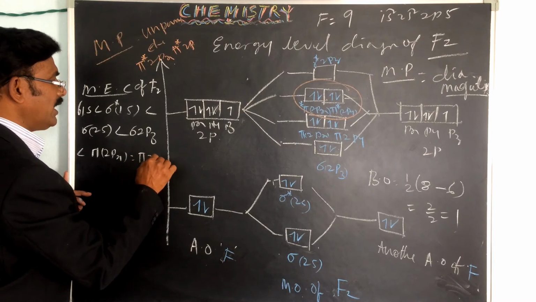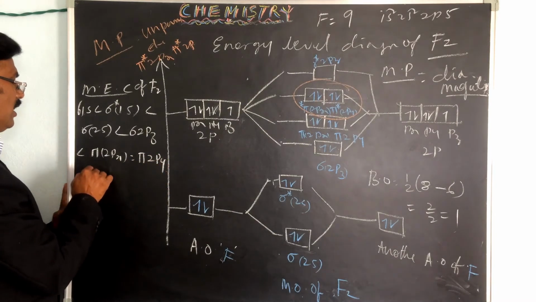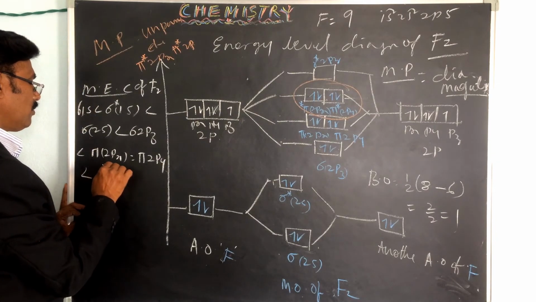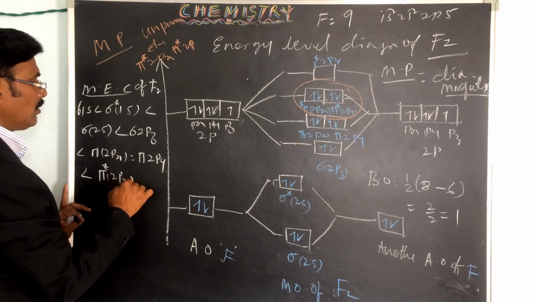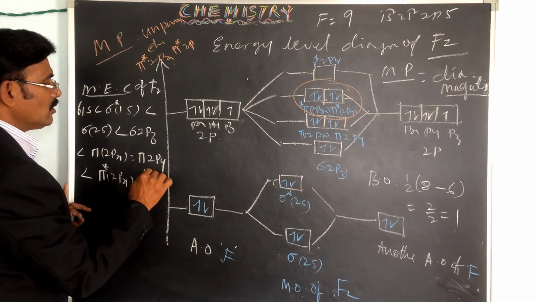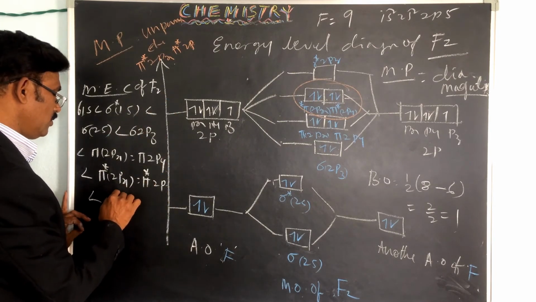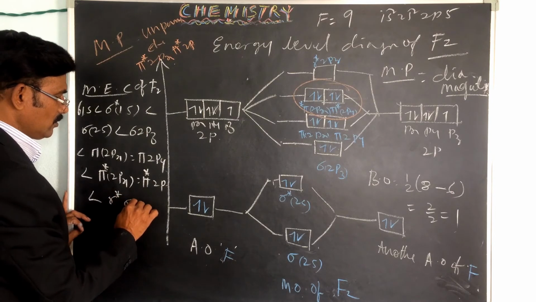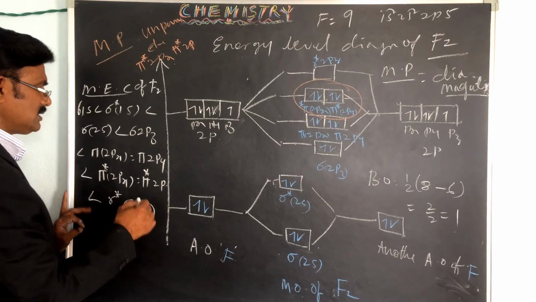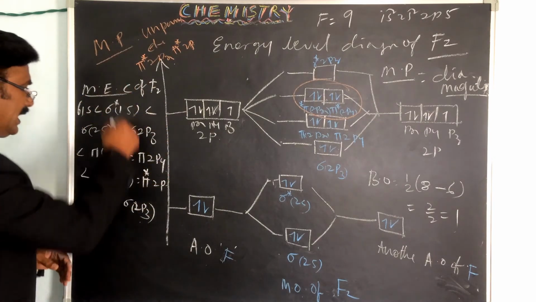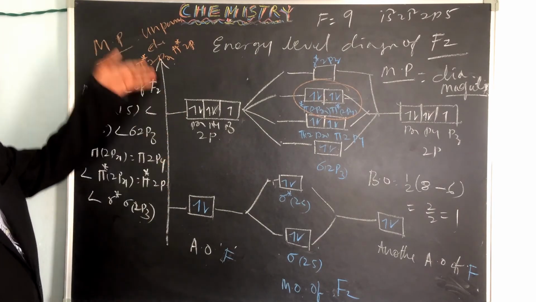Then pi star 2px, pi star 2py, less than sigma star 2pz. So this is the increasing order.